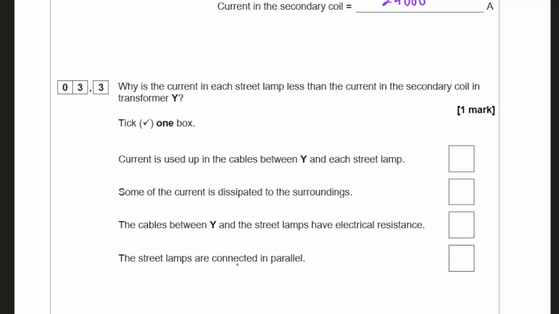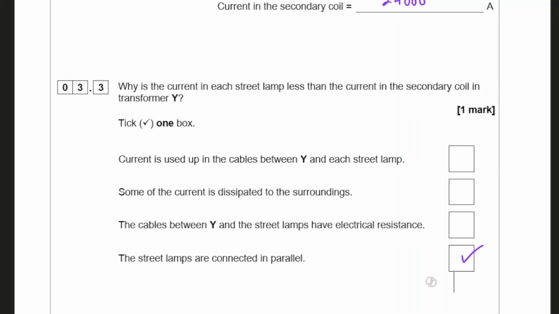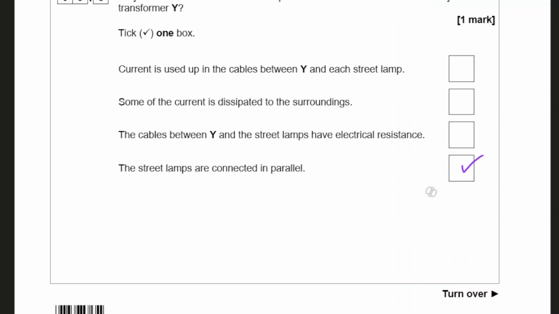The street lamps are connected in parallel. Now that is actually the correct answer. The marking scheme says the street lamps are connected in parallel. Now I have a feeling if I look at the examiner's report, they would say that most students actually got this wrong, because it doesn't give a lot of information about why.